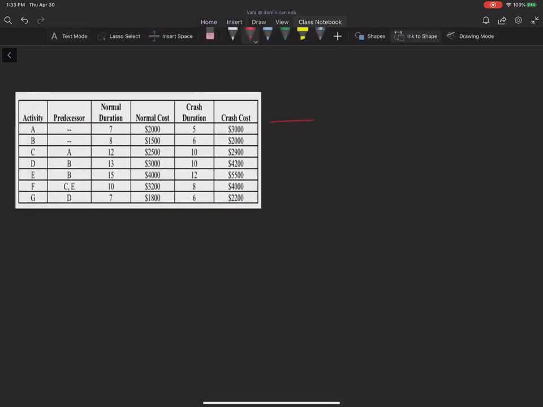So I need to add these two pieces of information to this table. First is the number of days that activities can be crashed, and then the crash cost per day.